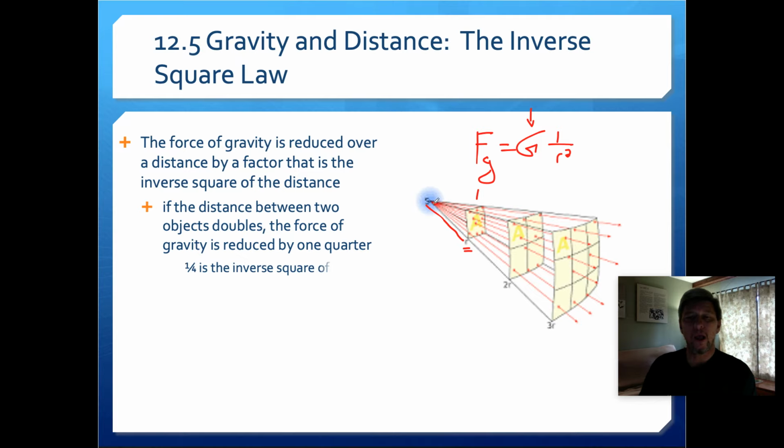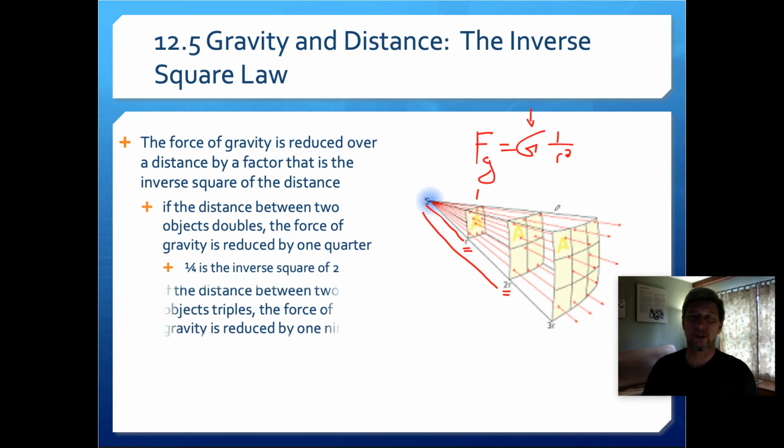If I then double that distance, and now the distance is 2r, what's 2r times 2r? It's 4r squared. And so 1 over 4r squared, I've now cut the force by a quarter.